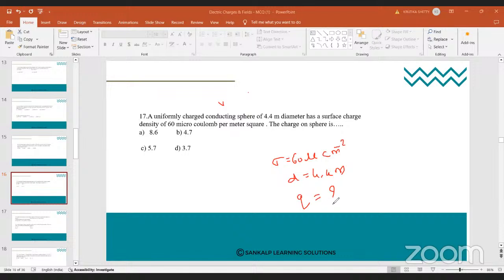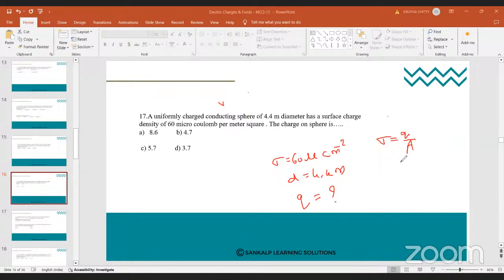So if anybody knows, you can do the calculation part. Surface charge density is equal to charge per unit area. Which shape are we using here? We are using a sphere.